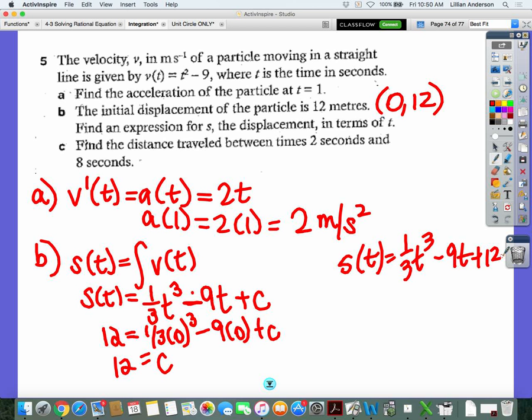Now, find the total distance traveled between times 2 seconds and 8 seconds. Remember, distance traveled is the integral from time 1 to time 2 of the absolute value of your velocity function.